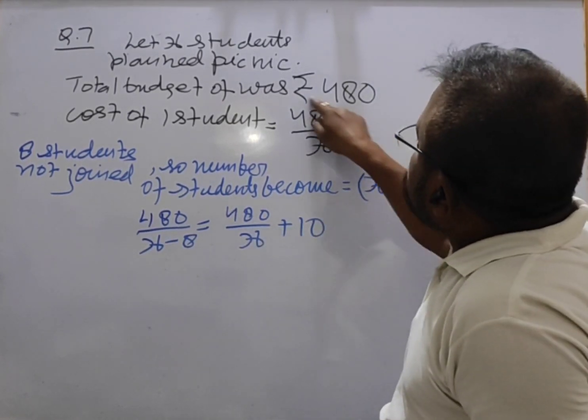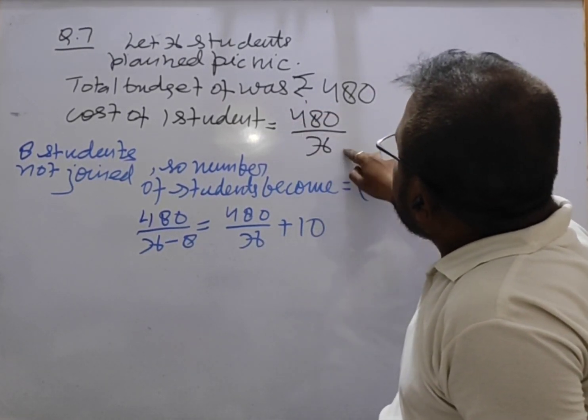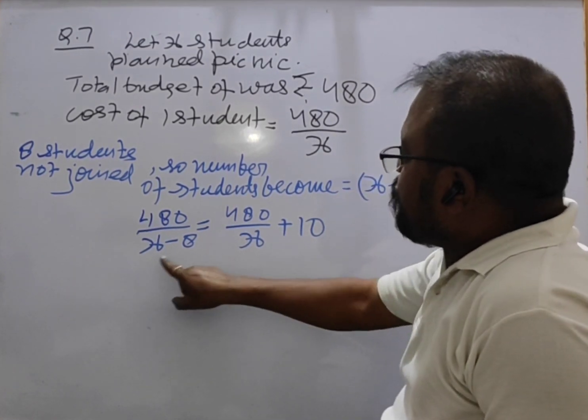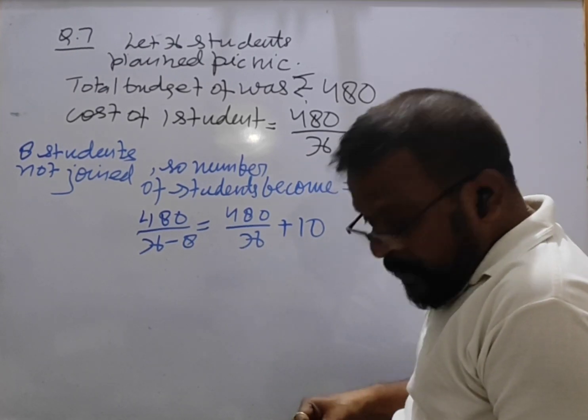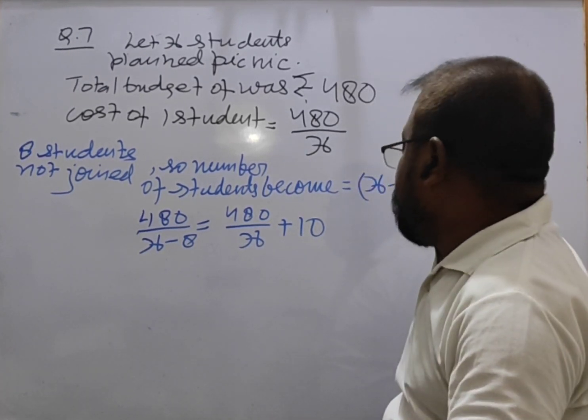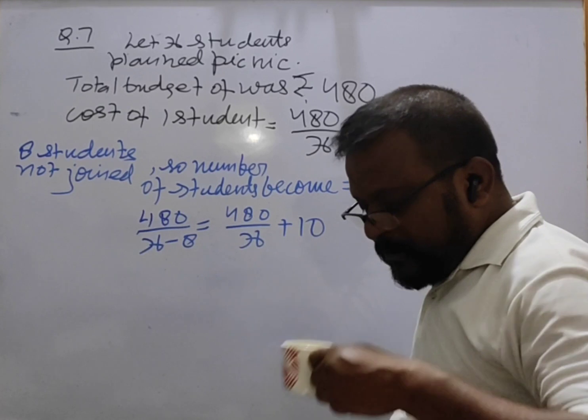This is the cost of one student when there are 8 students less, so the cost per student gets increased by 10 rupees. So this is the equation.